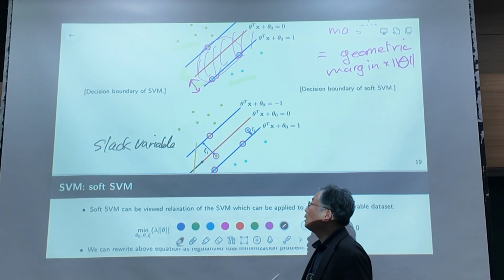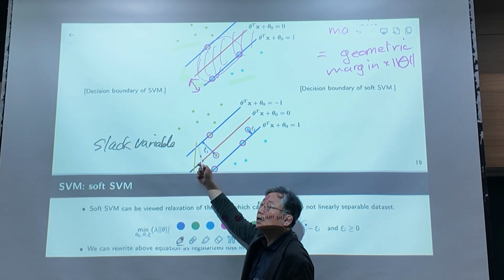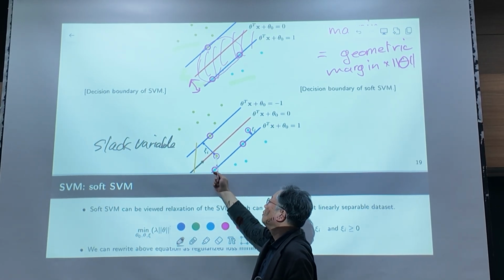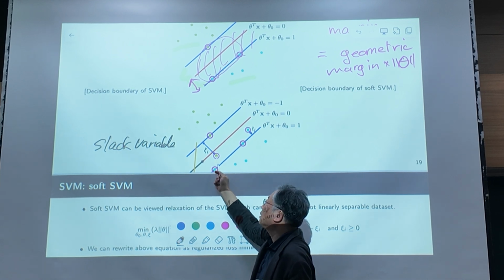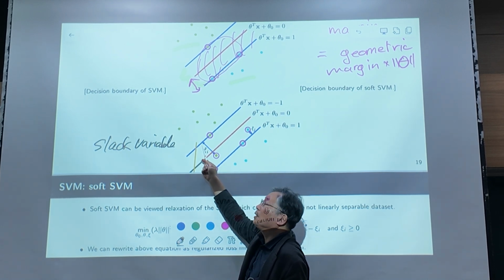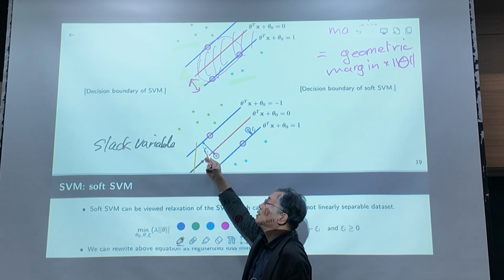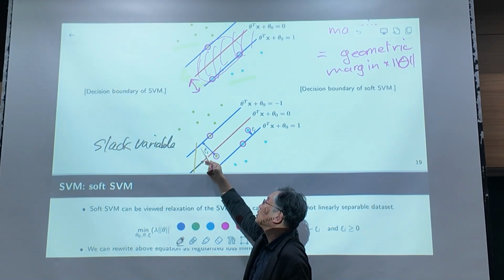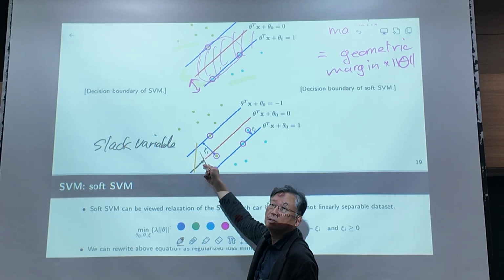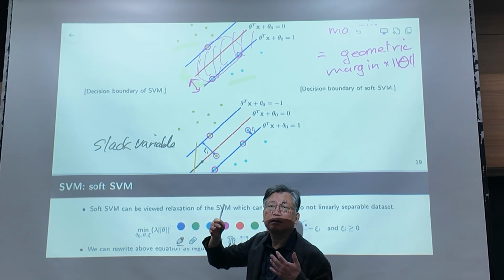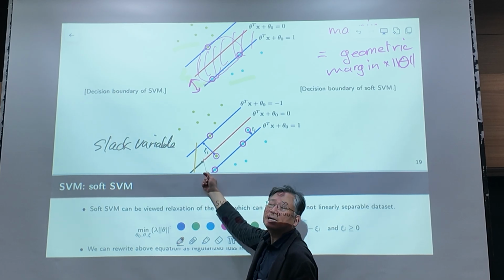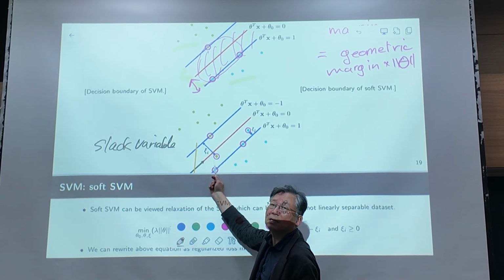Slack variable is the distance of a particular point, so the ith data point, being away from the line where the functional margin is 1. So it's violating by psi i, this data.